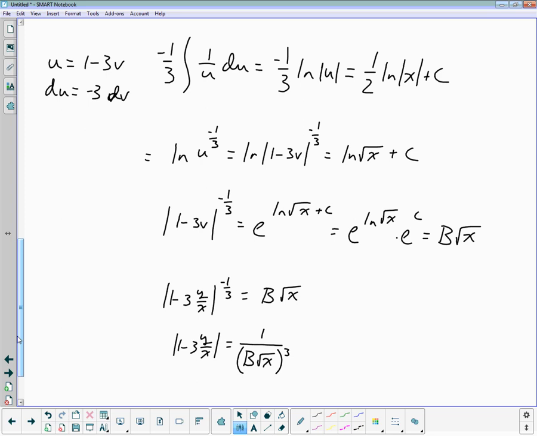To go from this line to this line, I put everything to the negative third power in order to get rid of the exponent on both sides. That's this. And we've seen that, did that last year and the year before.